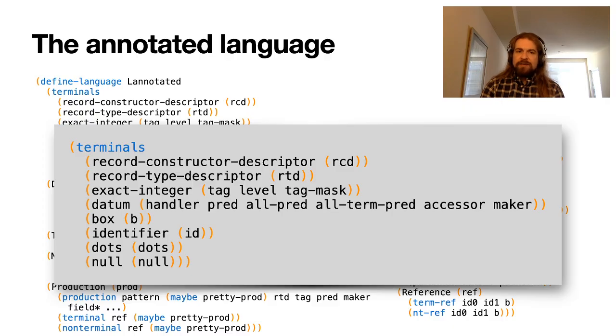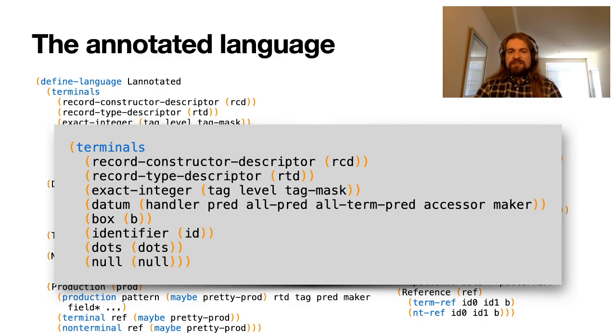We've extended datum here. Probably most of these things that I've extended in datum, pred, all term pred, accessor, and maker, should all be moved into identifier. At the time that I originally wrote some of this stuff, I wasn't sure what types these were going to be. In particular, in the internal representation that currently exists, the all pred and all term pred are actually syntax for lambda expressions, as is the maker, I believe.